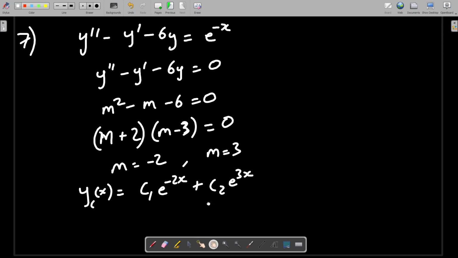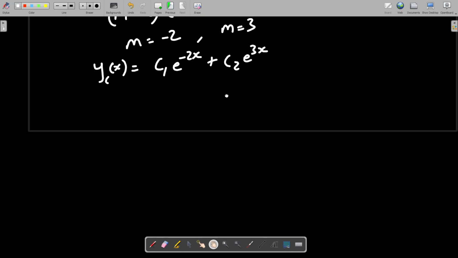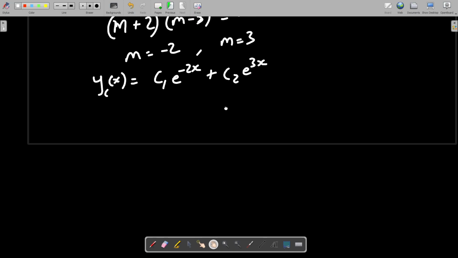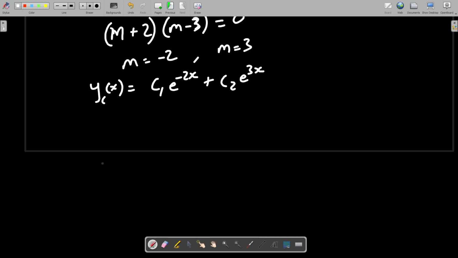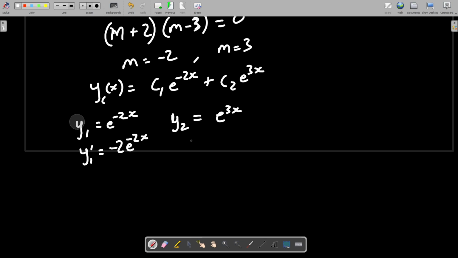Okay, write down fast now. So what is your y1 and y2 here? y1 will take it as e raised to minus 2x and y2 is equal to e raised to 3x. y1 prime will be minus 2 e raised to minus 2x, and y2 prime will become 3 times e raised to 3x.